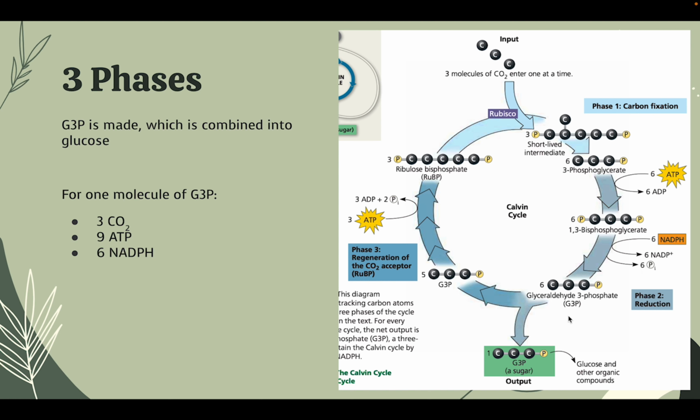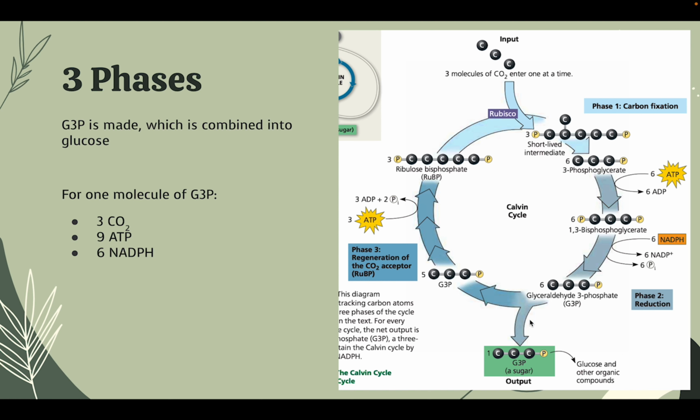Now this is really nice. We have 6 G3Ps now, but we can't keep all of them because we put in 3 RuBPs for our 3 molecules of CO2, and each of those has 5 carbons, so we have to return 15 carbons to the cycle, or else it wouldn't be sustainable anymore.